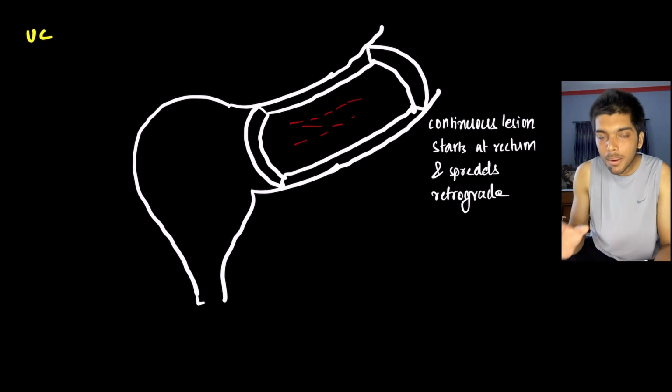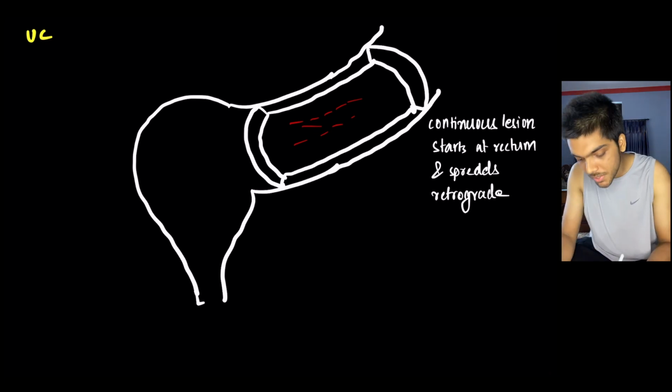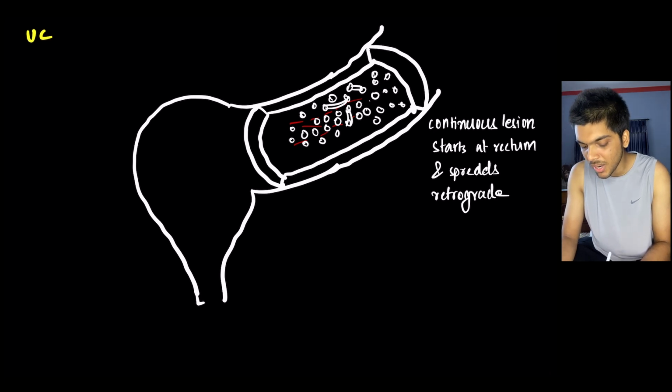Then there are parts of mucosa that are regenerating. These regenerating parts of mucosa appear as polyps, and they are referred to as pseudopolyps. Some of these pseudopolyps connect with one another with the help of bridges. But first let's fill the whole thing up because it is continuous, so you can't leave a part in the middle. If you left it, it would be skipped.